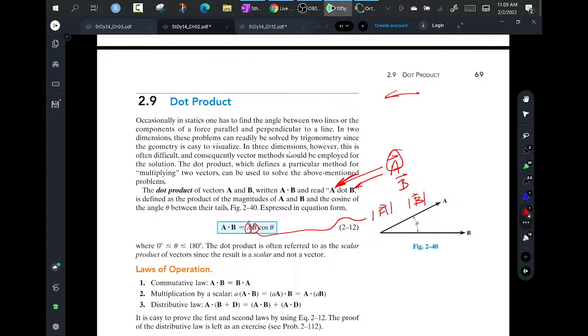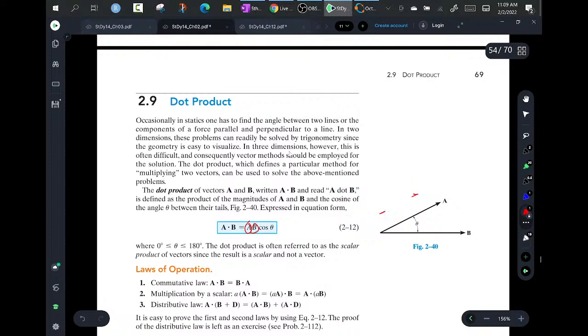So I like to write it the other way. This equation could be written as vector A dotted with vector B is equal to the magnitude of A and the magnitude of B times the cosine of the angle between them.